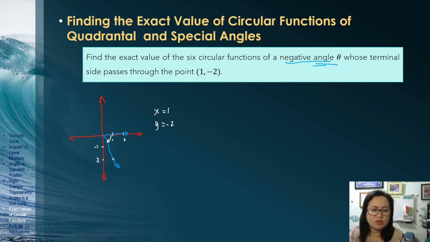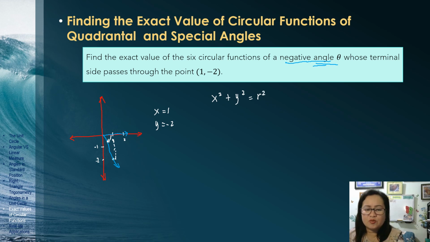If we drop a line perpendicular to the x-axis, we would be able to make a right triangle. Or you can simply apply the Pythagorean theorem, which is x squared plus y squared equals r squared.